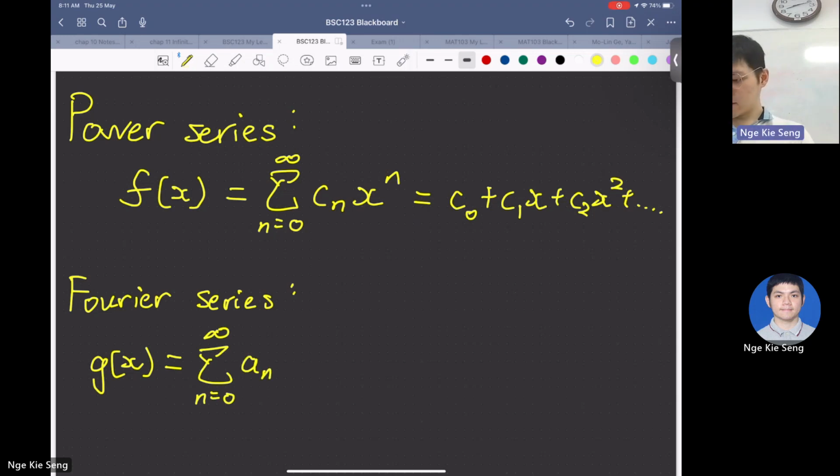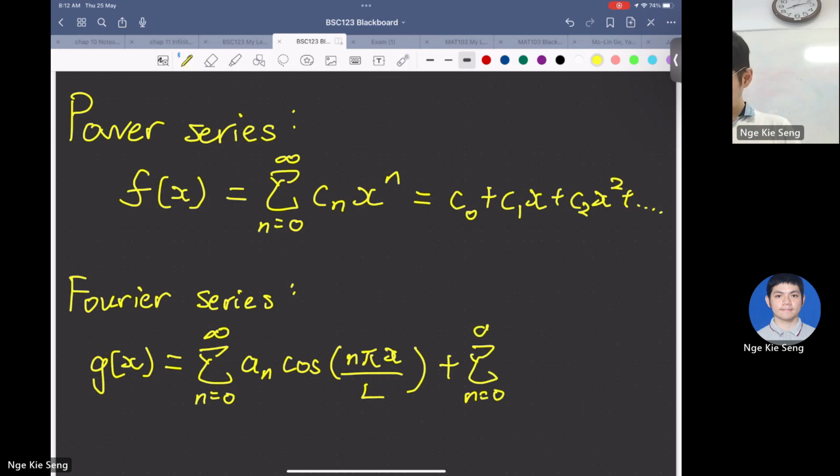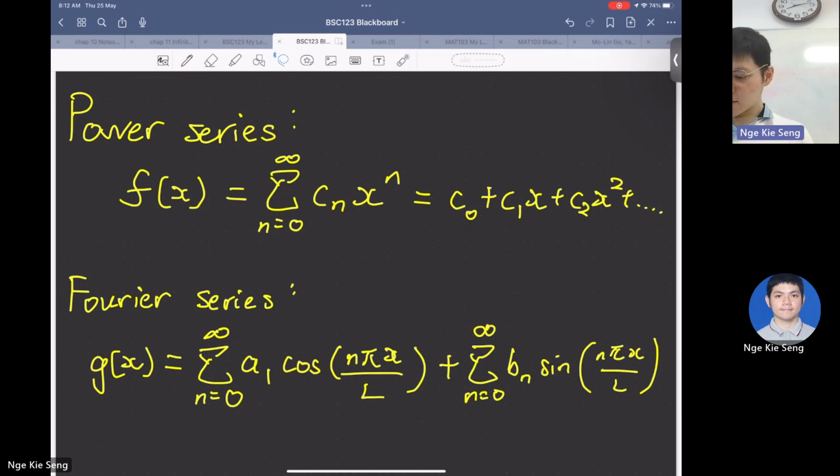Let's put a cos of n pi. So I split out the constant term as A0 over 2.